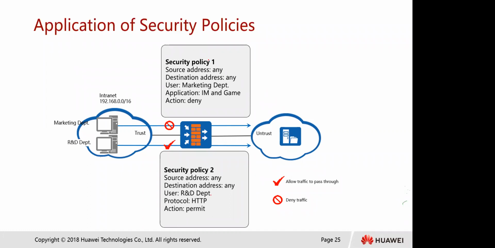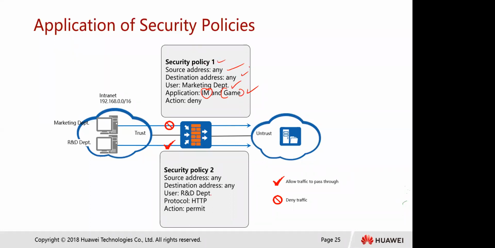If you have your policy 1 and your policy 2, and you want maybe your marketing department, because of the nature of work they do, to be able to access instant messaging on your network and maybe some kind of game, maybe to make them happy, you can go ahead and configure your first security policy 1 and give them any source address.